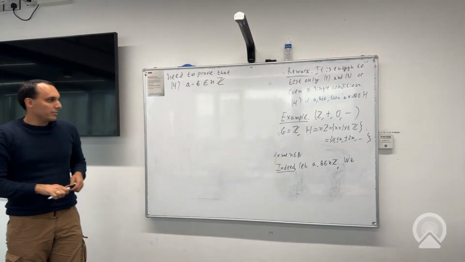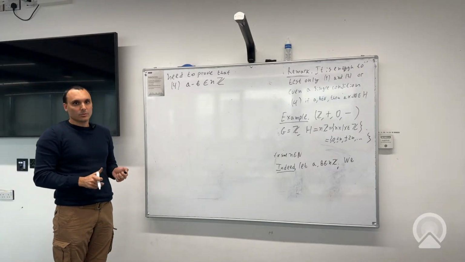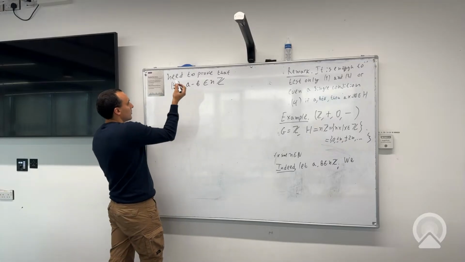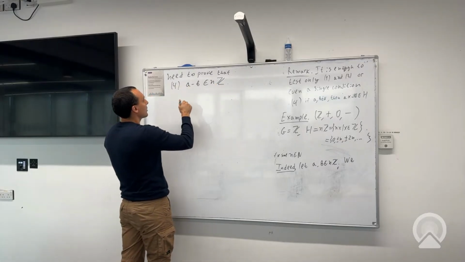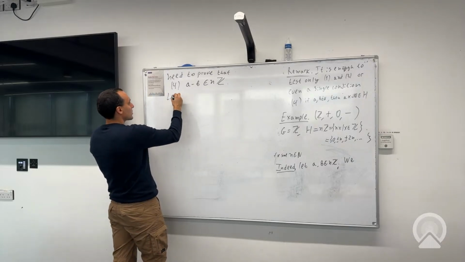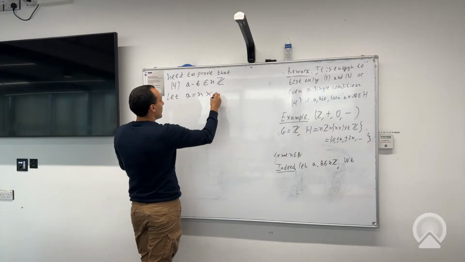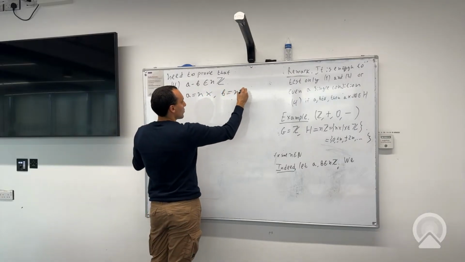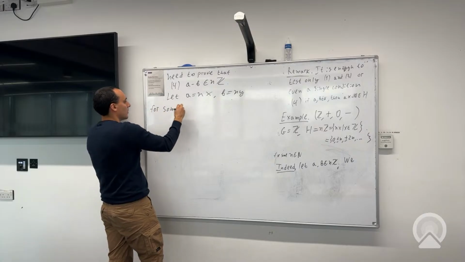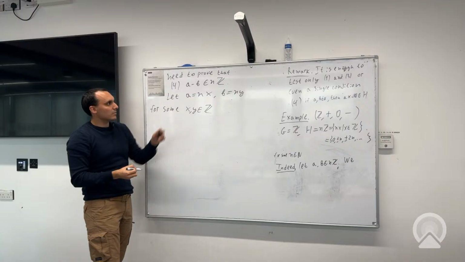So we need to prove that if two numbers are divisible by n, the difference is also divisible by n. Let's say a equals n times x and b equals n times y, for some integers x and y. This is the definition of being divisible by n.